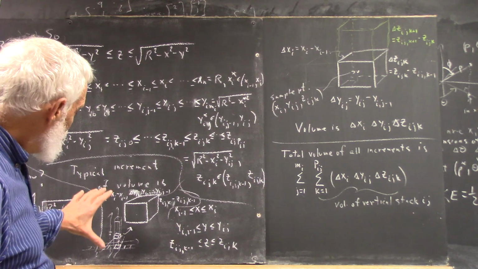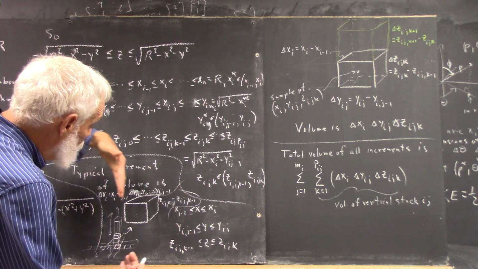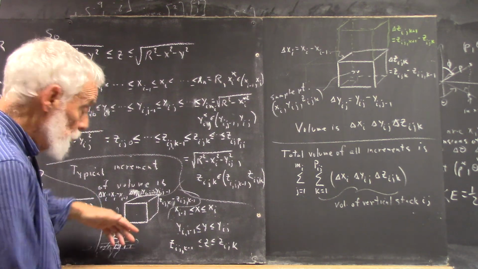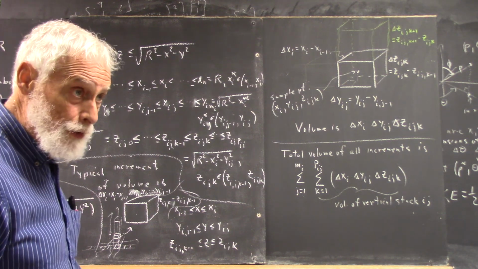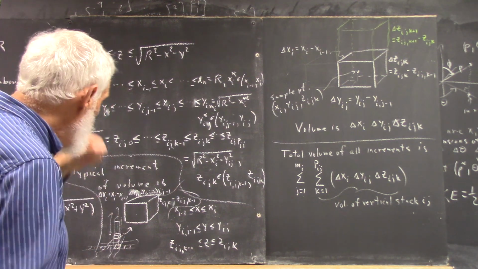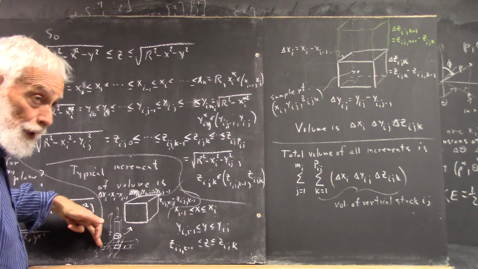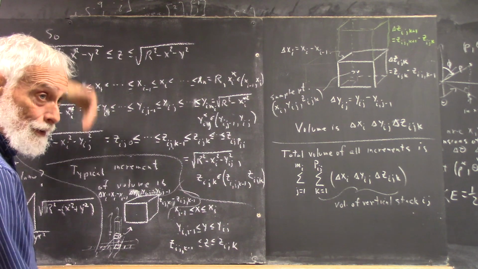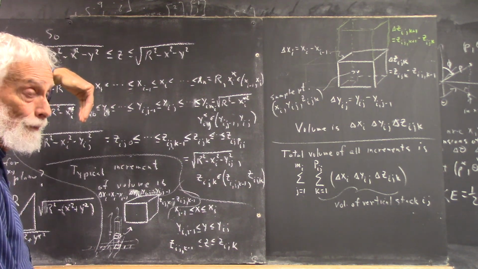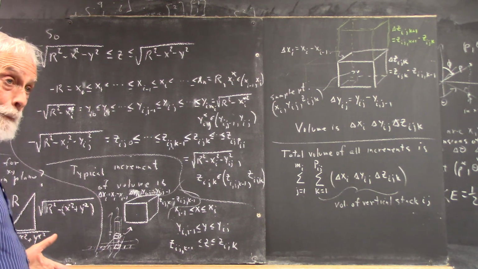And of course, the dimension of the stacks is going to decrease as we go out this way, because we're approaching the edge of the circle, which means the sphere is down closer to the xy plane, right? And they're going to increase in height until you get to the x-axis, where you get the maximum values of z for the given xi, and then they're going to decrease over here.